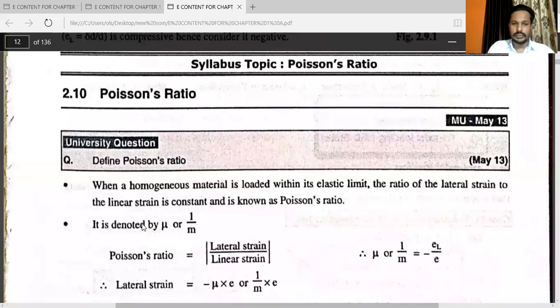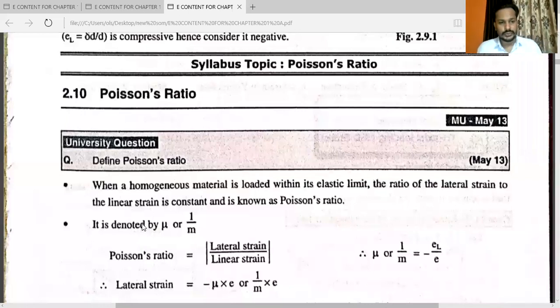A very important subtopic is Poisson's ratio. When a homogeneous material is loaded within its elastic limit, the ratio of lateral strain to linear strain is constant and is known as Poisson's ratio. It is denoted by mu, or 1 upon m.